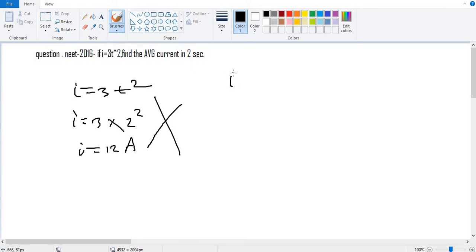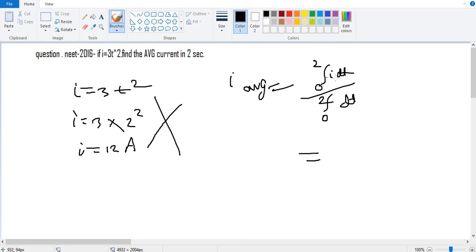Yes, it depends on time, so I have to use the I average formula. I average is equal to integration of I dt by integration of dt, and the integration will be from 0 to whatever the time is, so 0 to t. What is the t? It is 2 seconds, so 0 to 2.